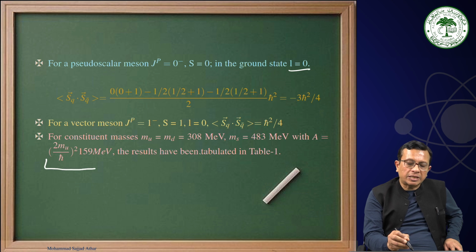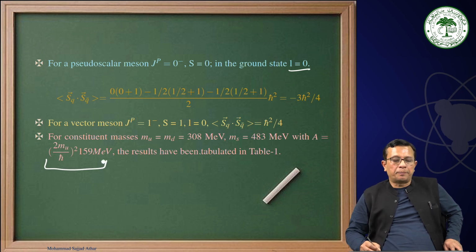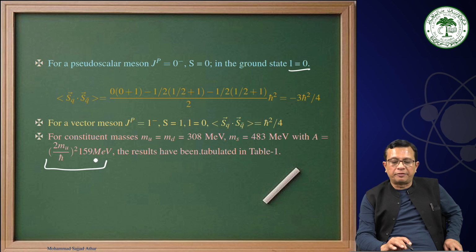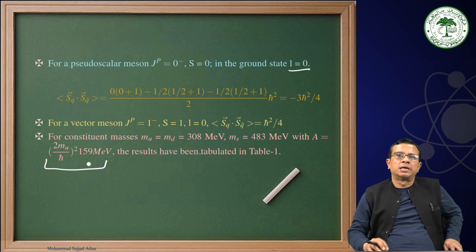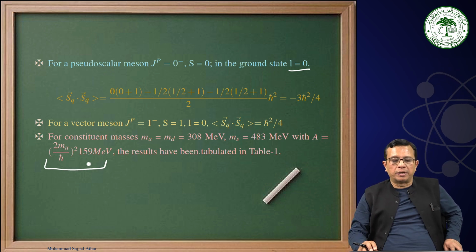We found that with a value of something like twice mu by h cross whole square times 159 MeV, we get the best description of all the mesons, 18 mesons, that exist in the spin 0 and spin 1 states.